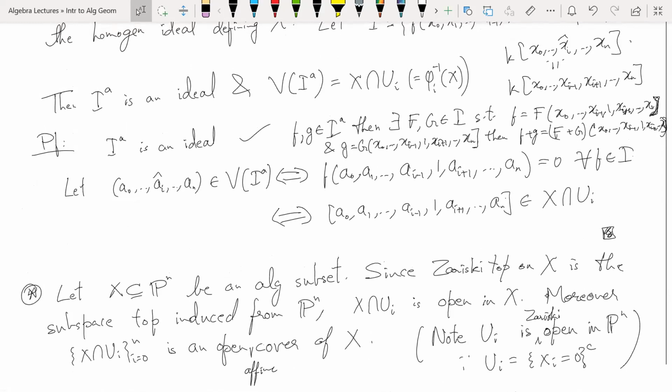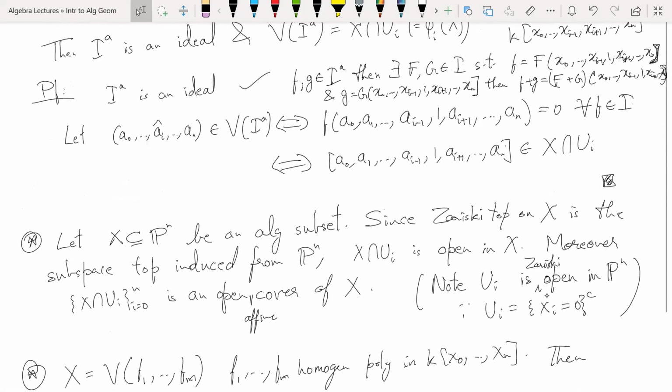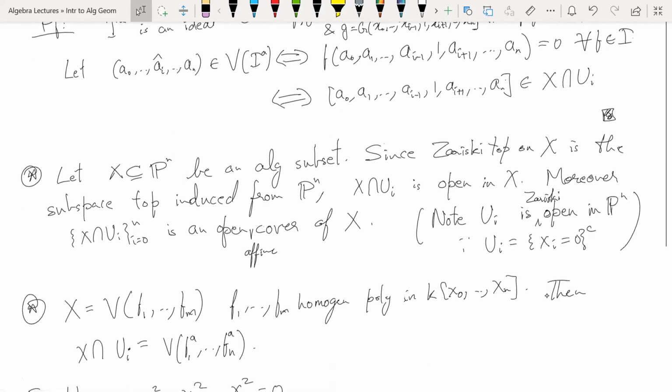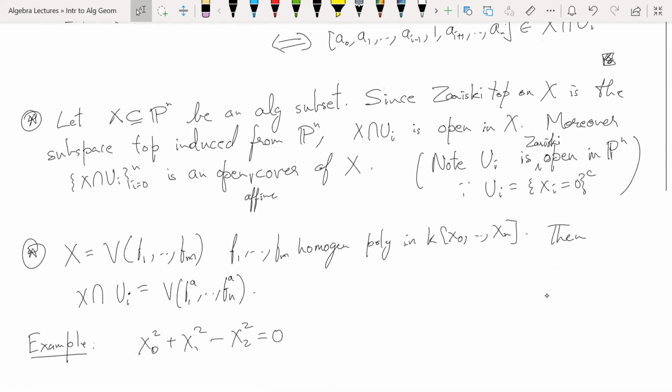So it is the zero set of some ideal in the affine space, so it is an affine algebraic subset. So X intersection U_i is an affine open cover of X. Okay, so these are open subsets which are also affine.